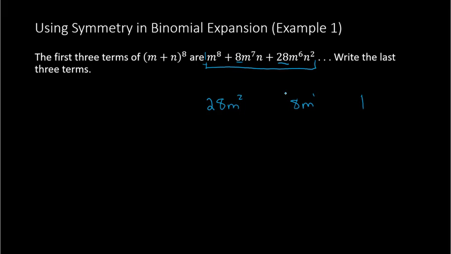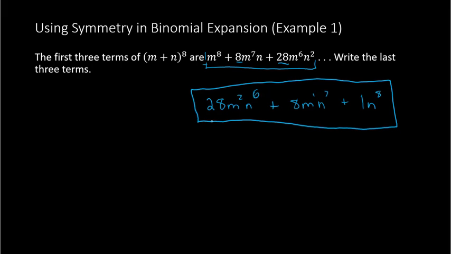And then looking at the n's, we start with 0 n, so we have 1, then 2, then 3, then 4, etc. So to finish off, this last term is going to be n to the 8th power, and then this is going to be 1 less than that, so n to the 7th power, and we have n to the 6th power. And it's all plus signs connecting, so it's going to be plus and a plus here and here. So the last 3 terms we have found would be this.